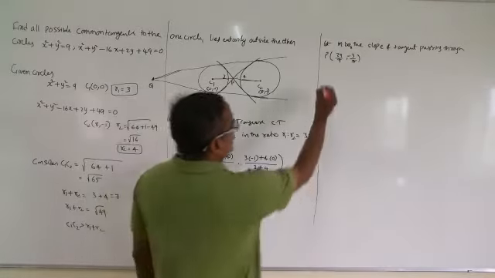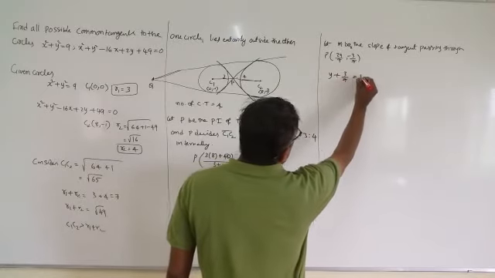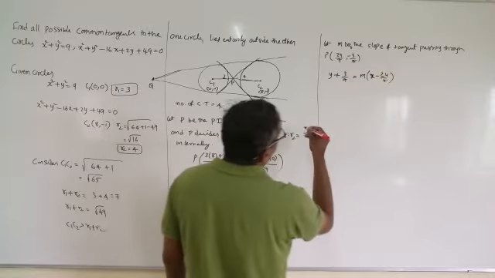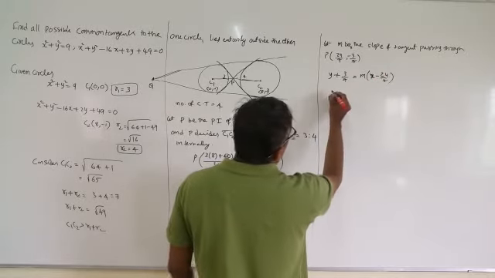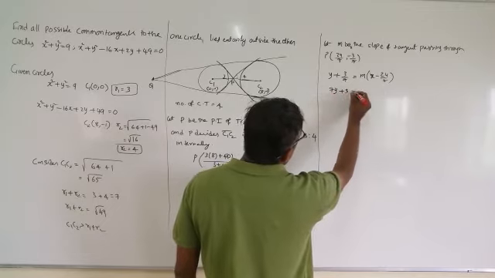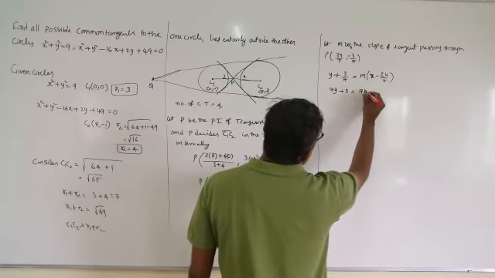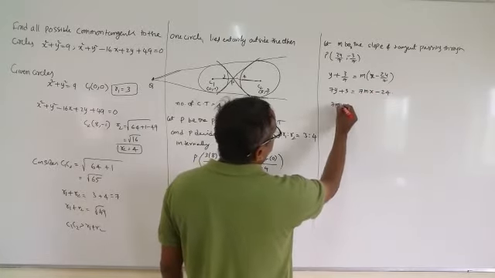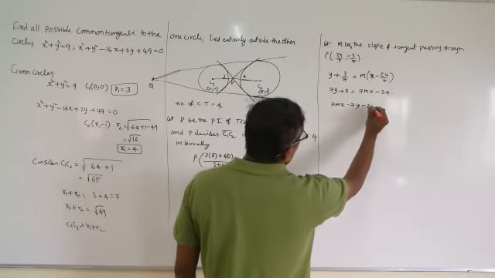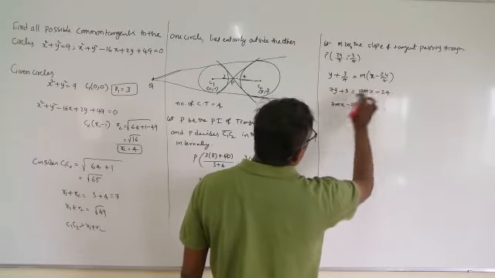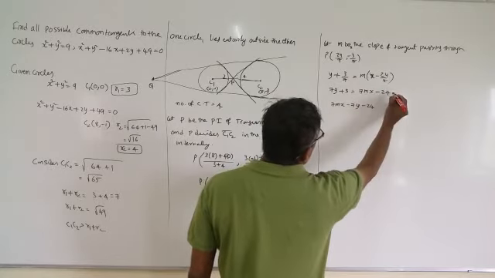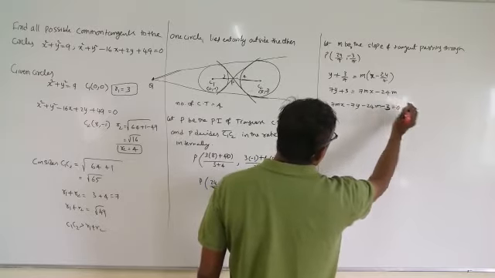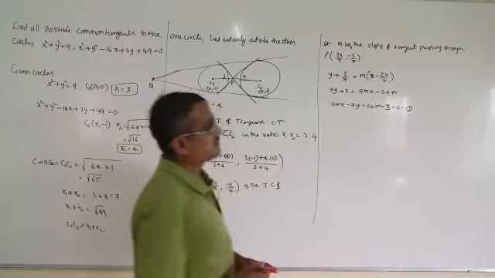So it will be y plus 3/7 equal to m into (x minus 24/7). Multiplying with 7, you will get 7y plus 3 is equal to 7mx minus 24m. So 7mx minus 7y minus 24m minus 3 is equal to 0. Let it be equation 1.